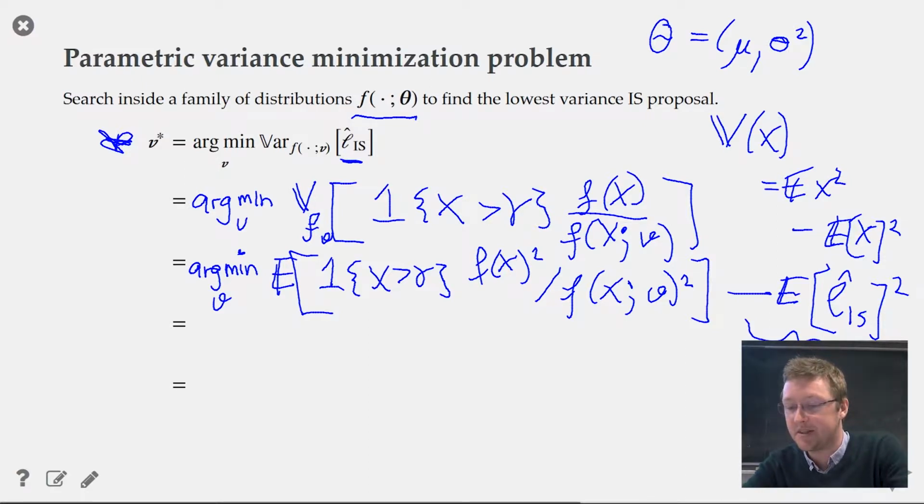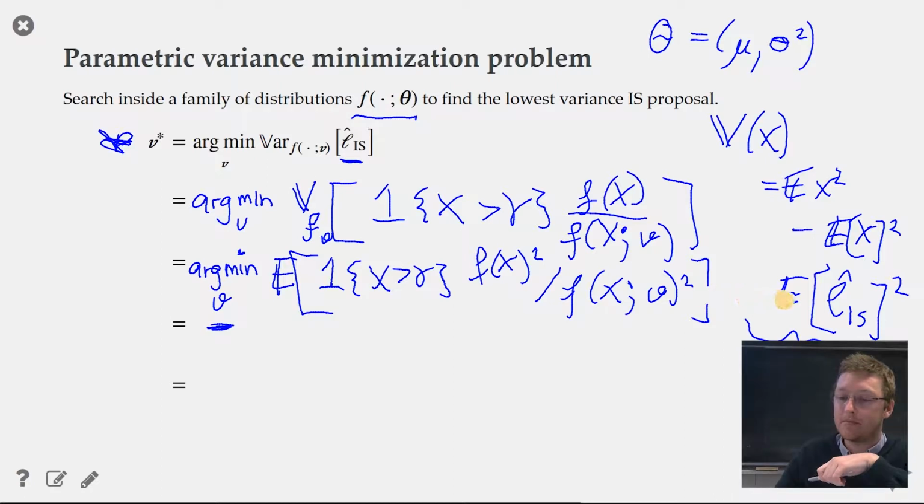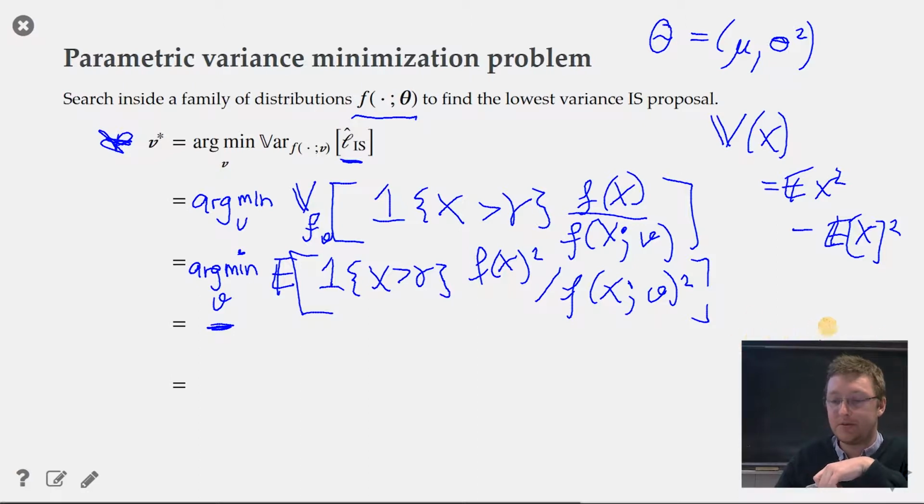So that's just equal to L squared, and there's no v's inside there at all. So minimizing with respect to v, we can just ignore that part and say we're minimizing the second moment of the estimator.